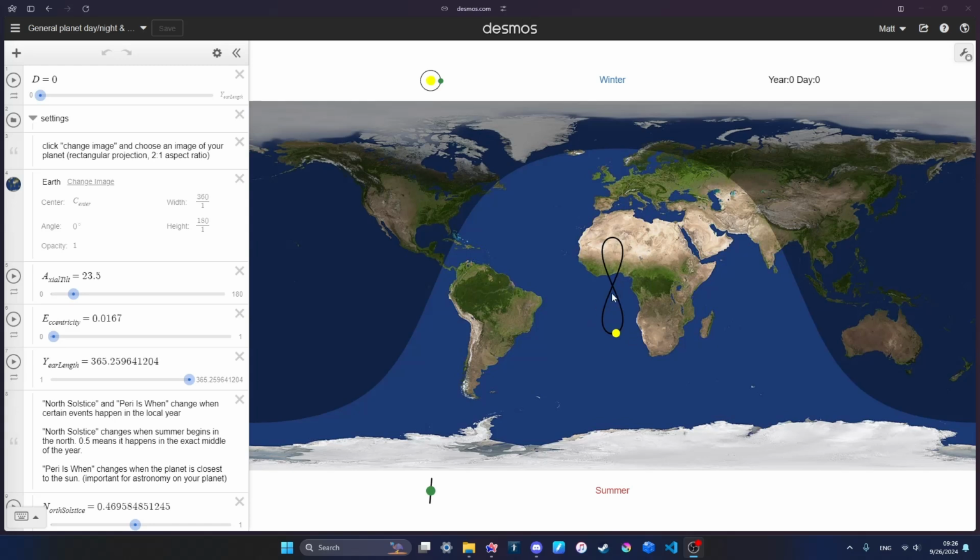The axial tilt doesn't change at all while it's going around the sun, and because of that, at some points it's tilted towards the sun, and other times it's not tilted towards the sun at all. You can see what it looks like from the sun's perspective down here on my program, on my calculator.